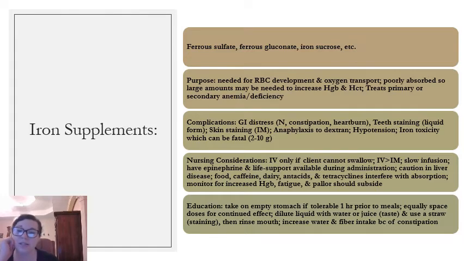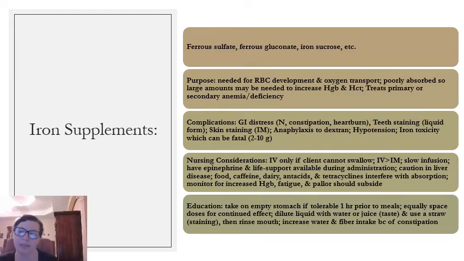Education is to take on an empty stomach if tolerable, because again, it interacts with other medications, and taking with food decreases the absorption effect. But if it causes GI distress, then of course it's the only way to get it in them, so they can eat with it.